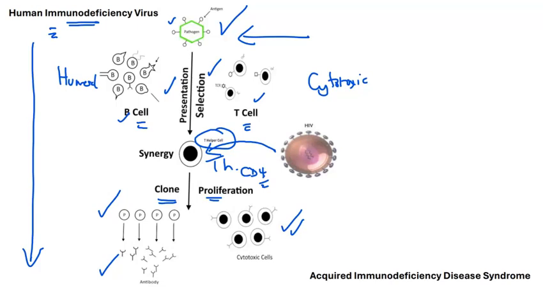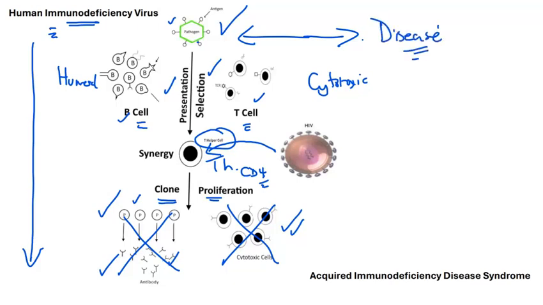The consequence of this is that we will have no or reduced levels of plasma cells and antibodies. And so this will not happen, and we would not get the cytotoxic cells produced. This would mean that the pathogen which had presented itself to the individual will then be able to fare well. It will proliferate itself and will eventually cause that particular disease.